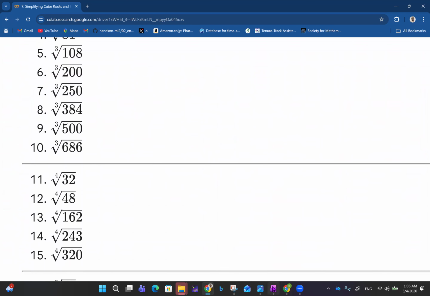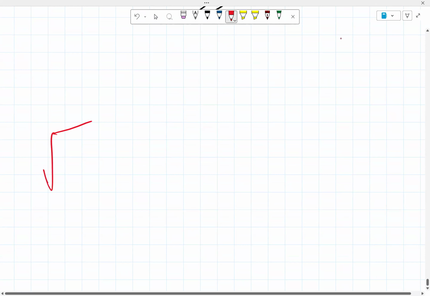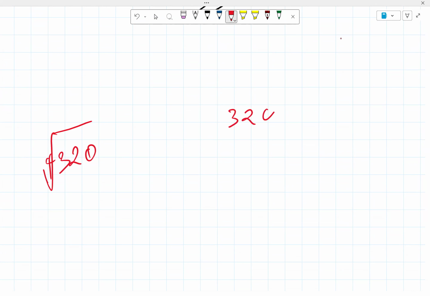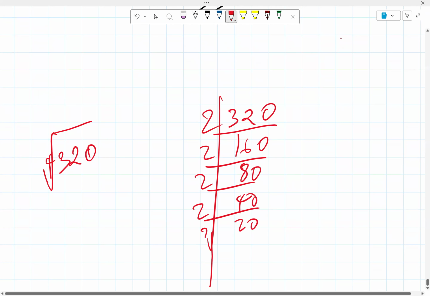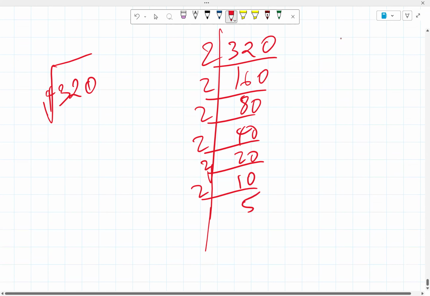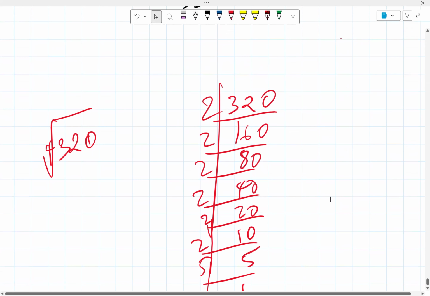Let's see how that goes. 320, 2 goes, that's 160. 2 goes, that's 80. 2 goes, that's 40. 2 goes, that's 20. 2 goes, that's 10. 2 goes, that's 5. And 5 goes, that's 1. So how many twos? 1, 2, 3, 4, 5, 6. That's 64 times 5, which makes sense.